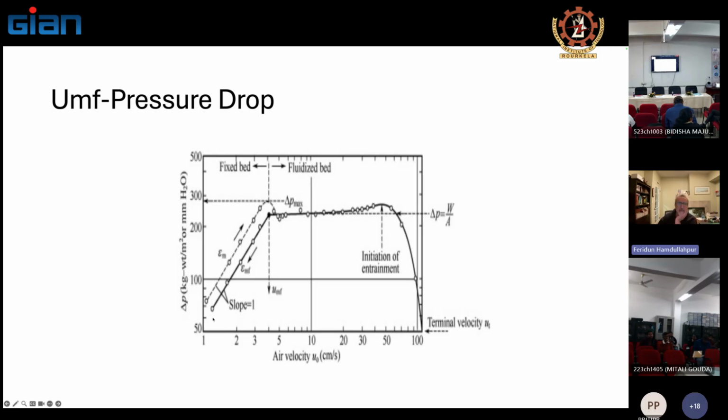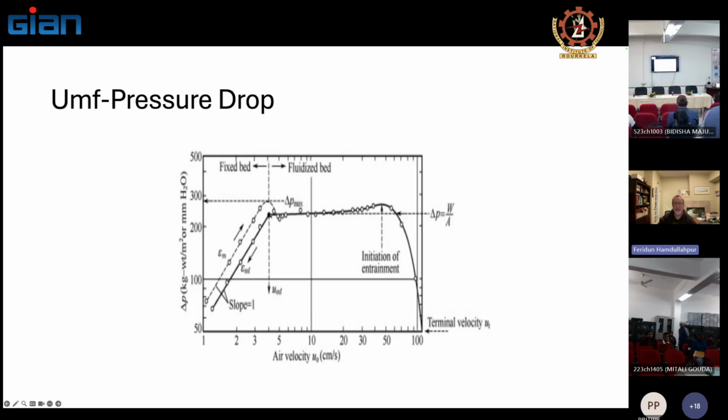When we are in a fixed bed, as you increase the air velocity, you just calculate the pressure drop through drag force. You will see this linear increase in the pressure drop. The more air you put through it, the higher the pressure drop through it.